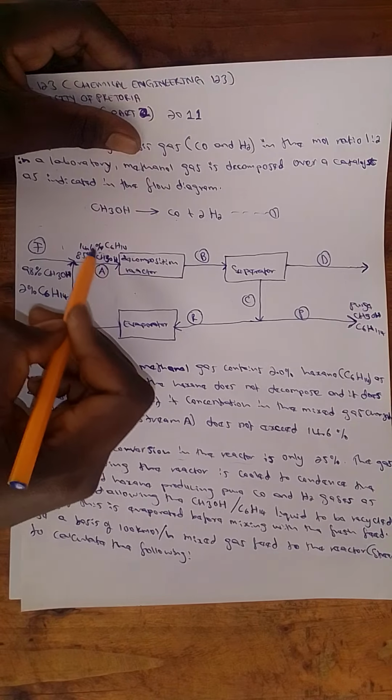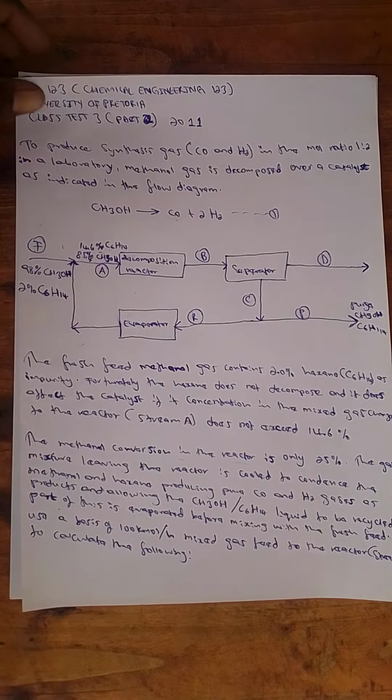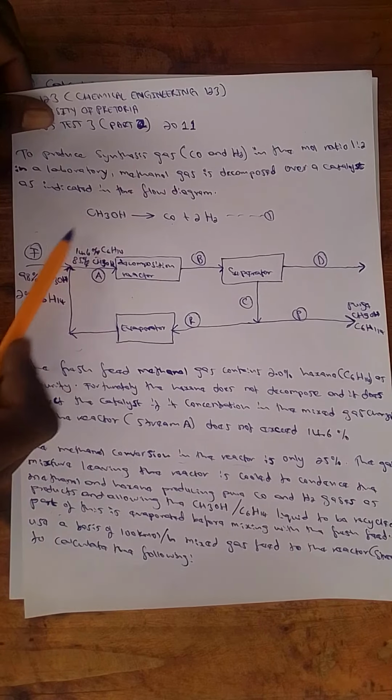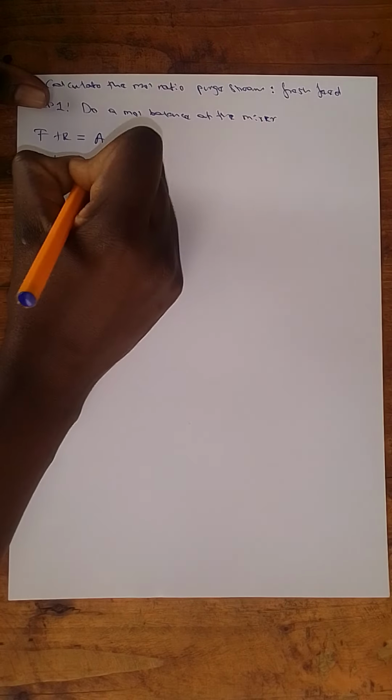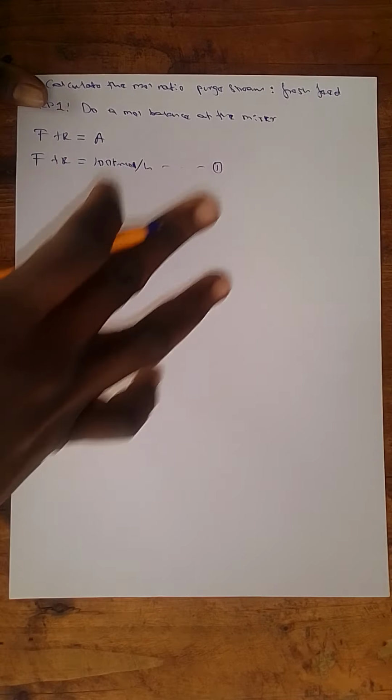But we have already been told that we should choose a 100 kilomole basis of A. So now we can simply say that F plus R is equal to 100 kilomole per hour, and this will be our first equation. This concludes step 1, and we'll go to step 2.